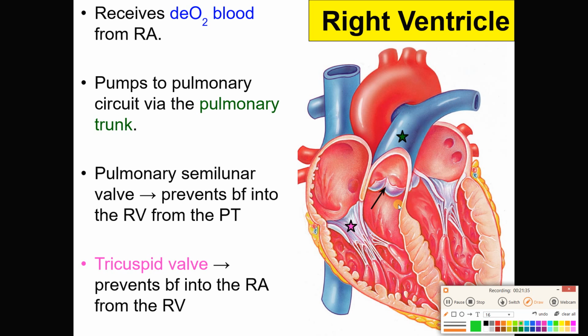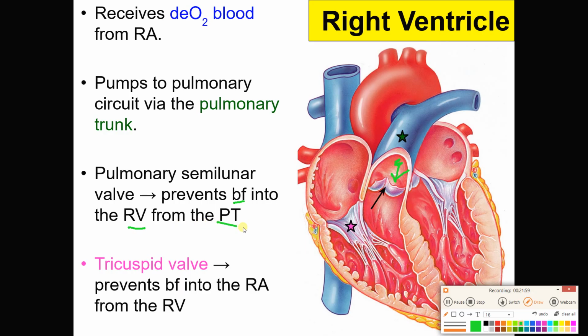Now, at the base of that pulmonary trunk, there is a valve called the pulmonary semilunar valve. What it does is it stops blood in the pulmonary trunk from going backwards into the right ventricle. It prevents backflow from the pulmonary trunk to the right ventricle.